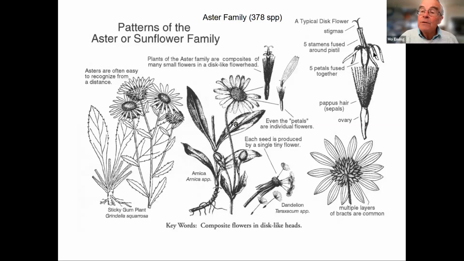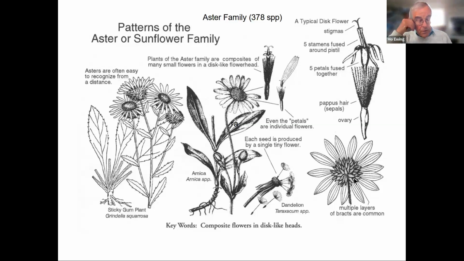And then 5 petals, these are the petals up here, which are fused together. And then the stamens that are fused together around the pistil. There are the stamens, and there's the pistil up here. And then these flowers also have multiple layers of bracts underneath. If you look underneath this flower, you'll see very often multiple layers of bracts, and those bracts are also used as a characteristic to identify the different species.